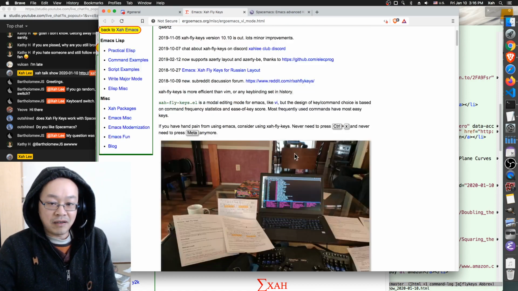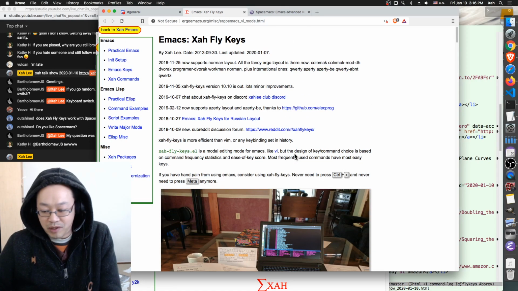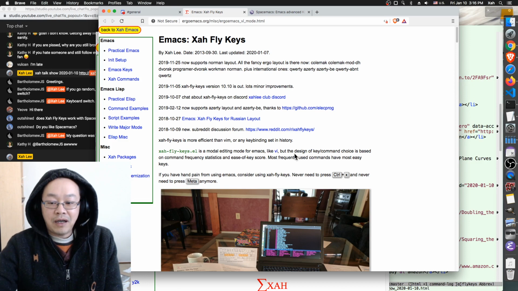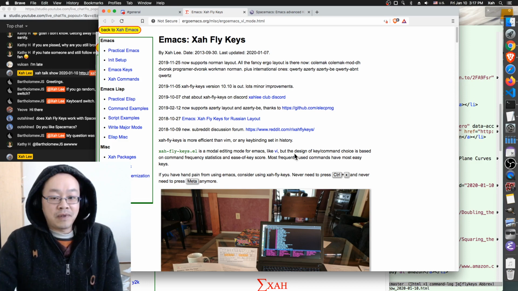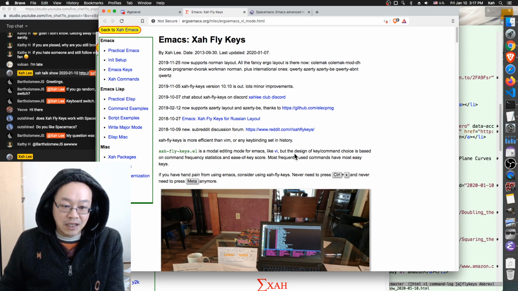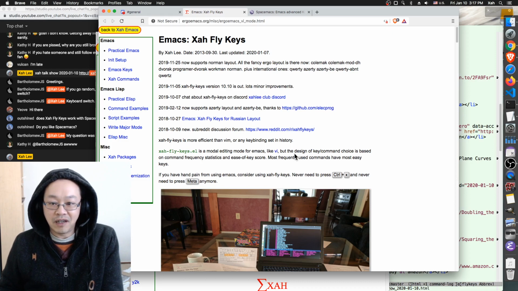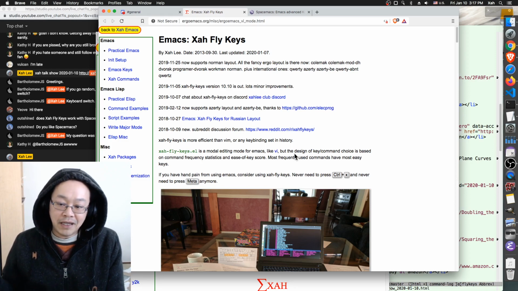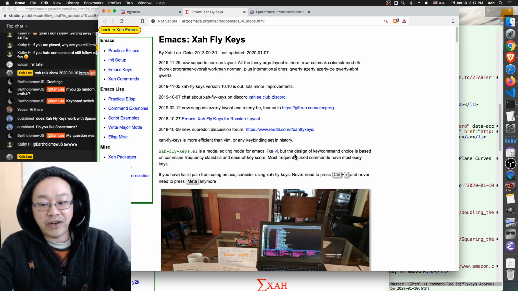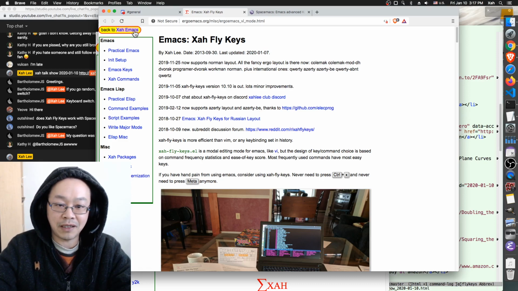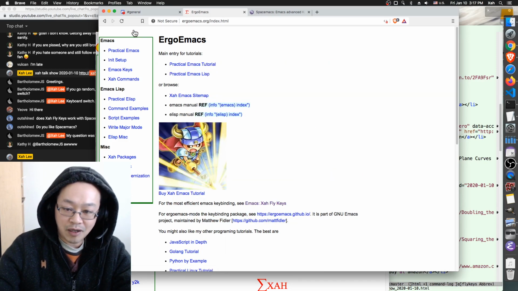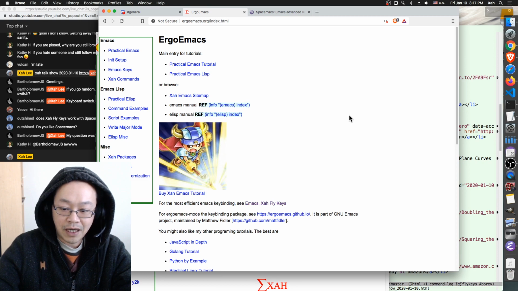So today there is no ergoemacs distro, no more. The main thing about the ergoemacs distro is the ergoemacs key binding system, which is still available. If you go to my website, to the Emacs homepage, you can see the ergoemacs.